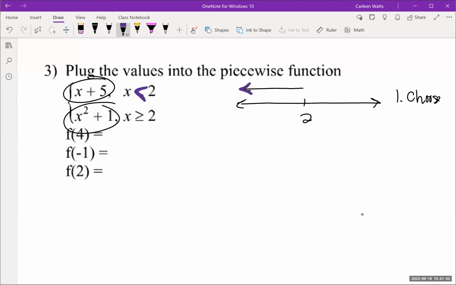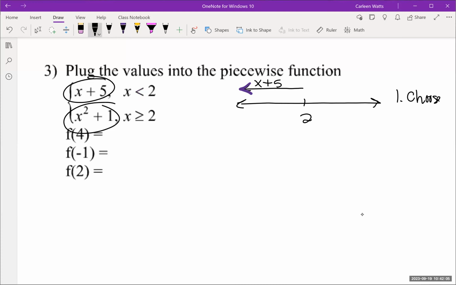Isn't that cool? The less than sign matches the arrow. It's less than, but isn't it also kind of saying to the left, to the left, to the left? Kind of like line dance. So we're going to use x plus 5 to the left of my dividing point.